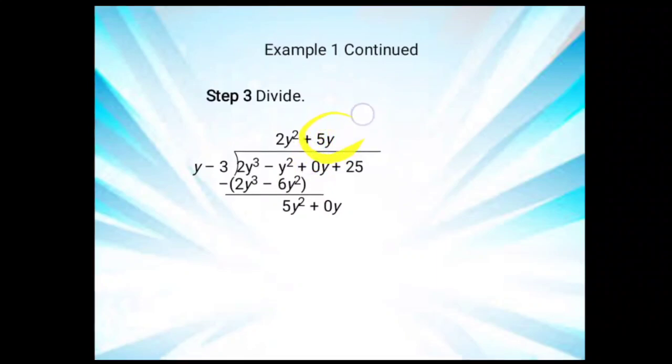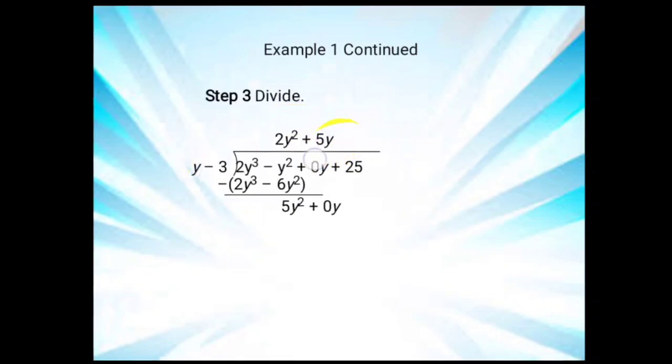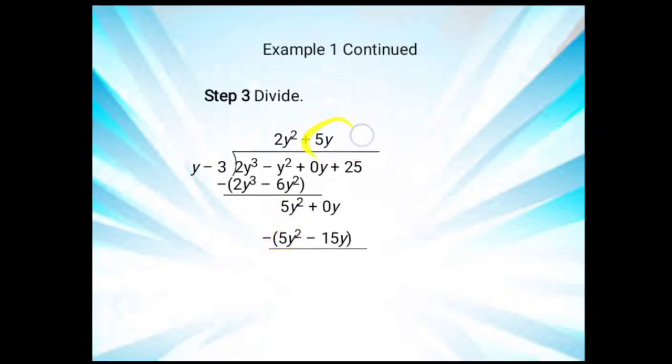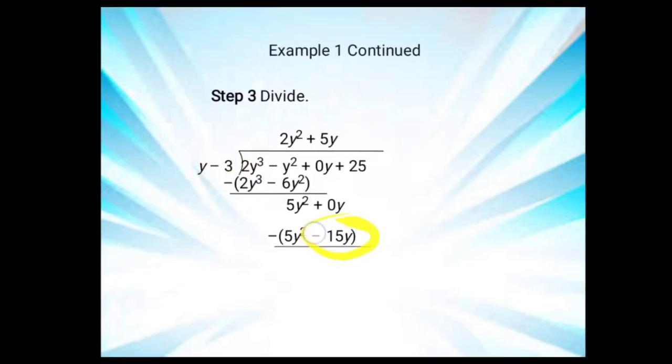Okay? Now, after finding the second term of the quotient, let's multiply it to the divisor. So, 5y times y is 5y squared. Then 5y times negative 3 is negative 15y. Okay? Then after that, subtract.